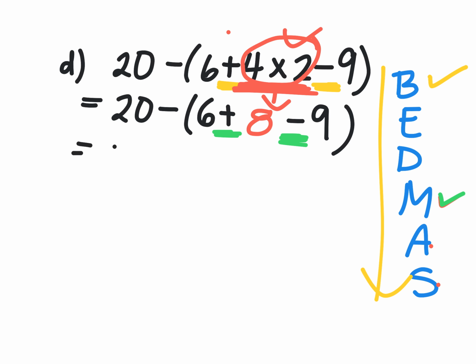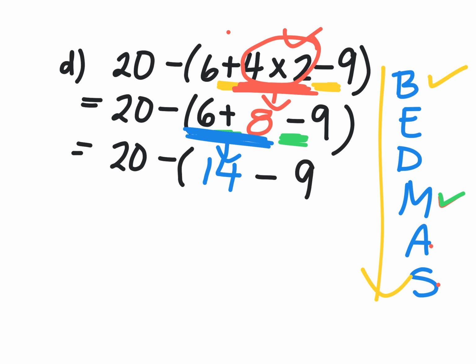So again, I'm going to write 20, take away, and we're going to calculate the addition part of it. What's 6 plus 8? We're simplifying it. 14. Good. And then what do I write after that? Minus 9. Good.